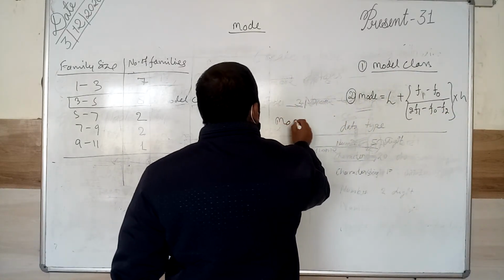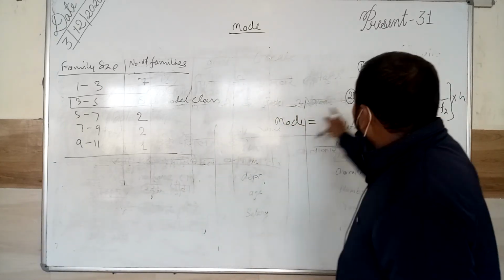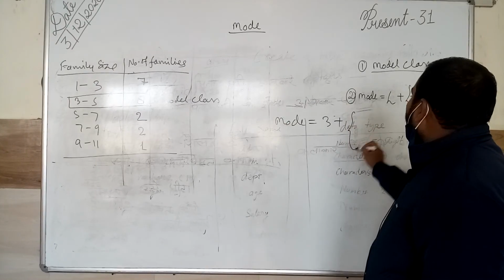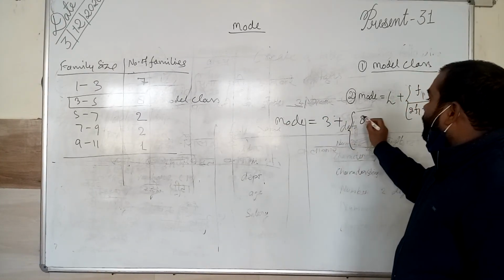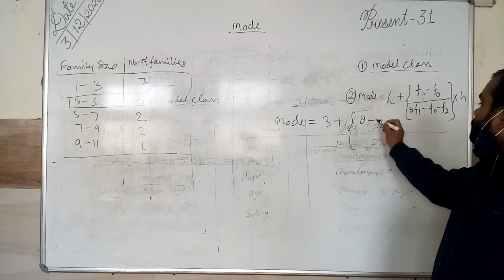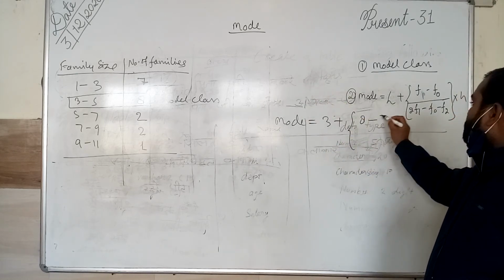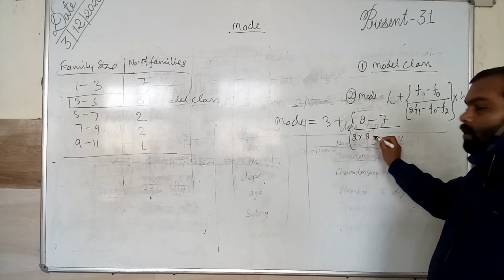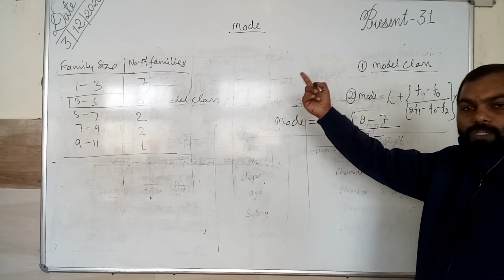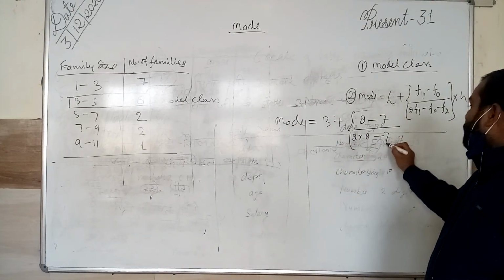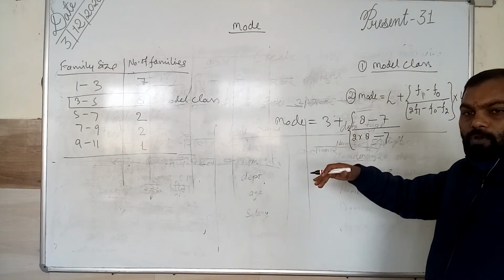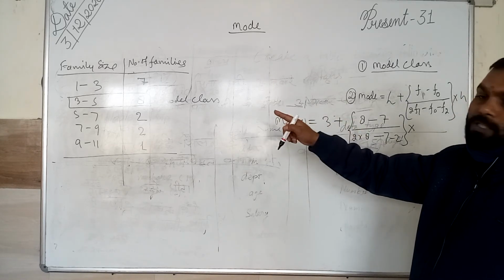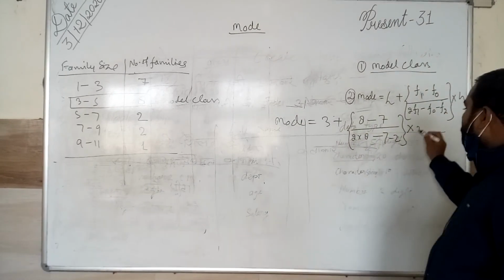So mode becomes the lower limit of that modal class, 3, plus the frequency of that class, 8, minus the previous frequency just above that, 7, upon 2 times f1, that is 2 times 8, minus f0, the previous class, that is 7, and f2, just below that, is 2, into height. Height is upper limit minus lower limit, 5 minus 3, that is 2.